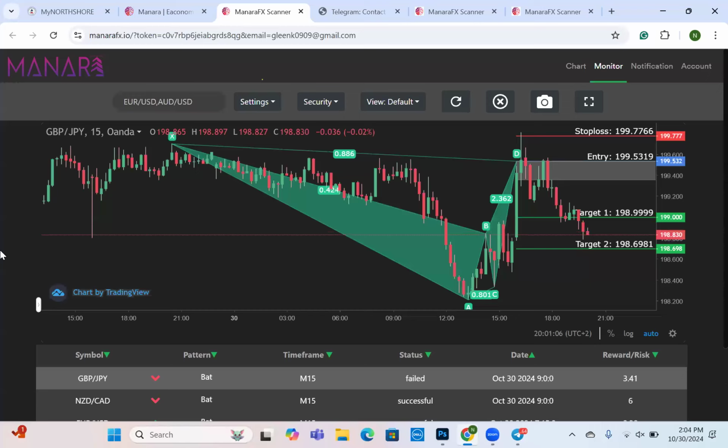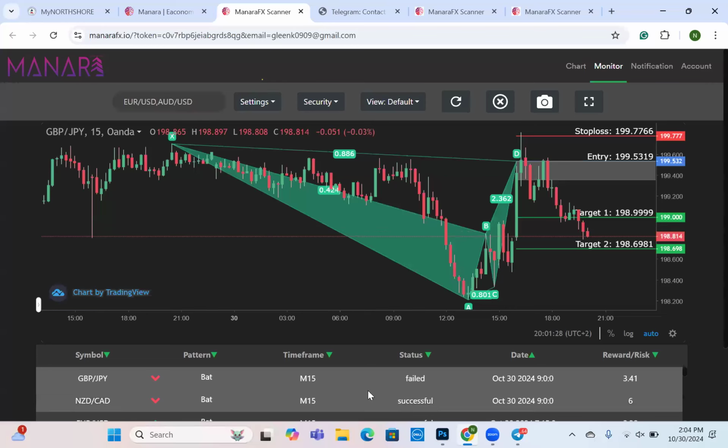And if you are doing that, it means that you are available to watch your trade as well. The good thing about Manara is that you can come back from work anytime, maybe by this time you want to trade, and still see a trade that says complete that you can still take. So look for signals that say complete.